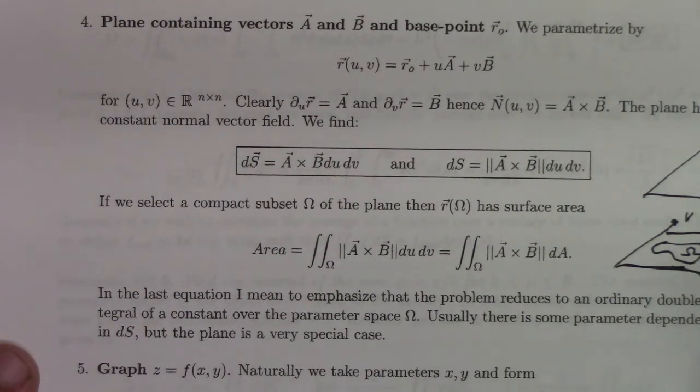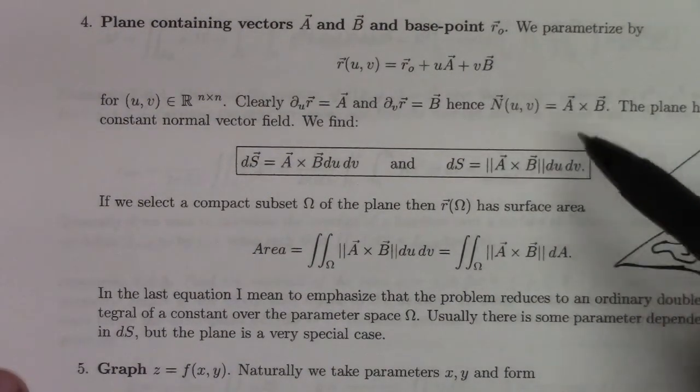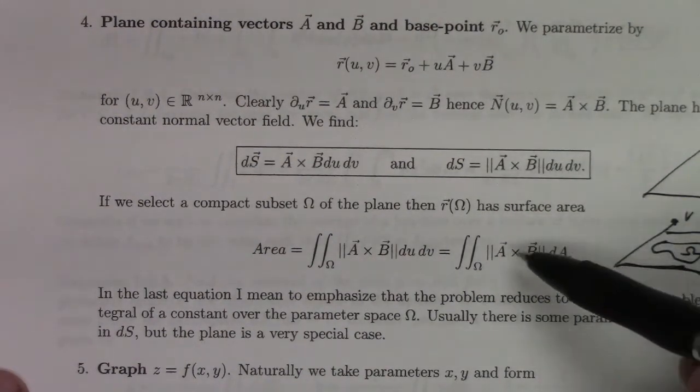So it turns out, if your plane parameterization is nice and simple like this, what this basically says is that the area that you cover on the plane is just the magnitude of your parameterizing vectors' cross product times the integral.